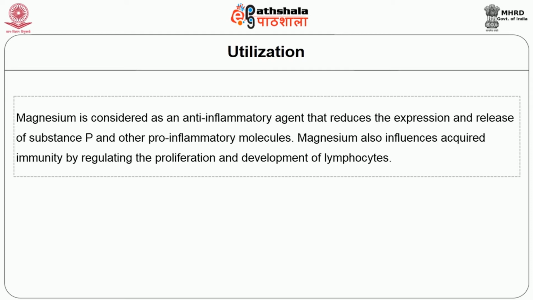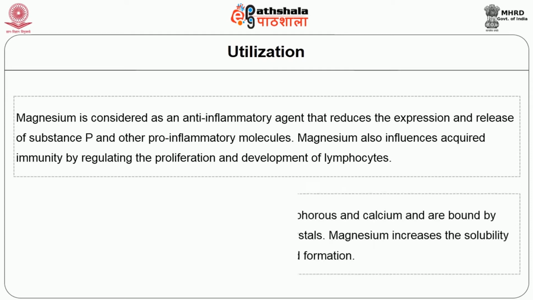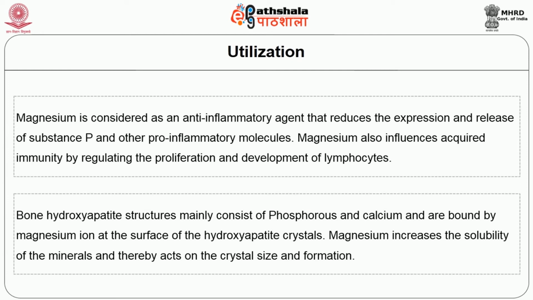Magnesium also influences acquired immunity by regulating the proliferation and development of lymphocytes. Bone hydroxyapatite structures mainly consist of phosphorus and calcium and are bound by magnesium ions at the surface of the hydroxyapatite crystals. Magnesium increases the solubility of the minerals and thereby acts on crystal size and formation.